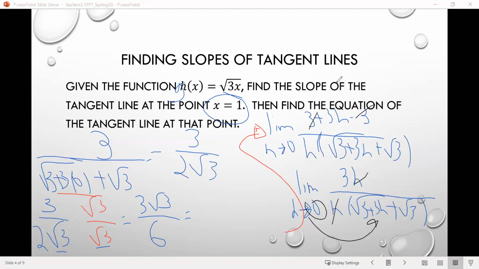And then notice here we have 3 root 3 over 6. We can simplify the 3 and the 6, so the 3 will cancel out. This will become a 2. And here we get our slope is root 3 over 2, which is kind of a neat number. Hopefully that looks very familiar to a lot of us from last quarter. So there's our slope, root 3 over 2.